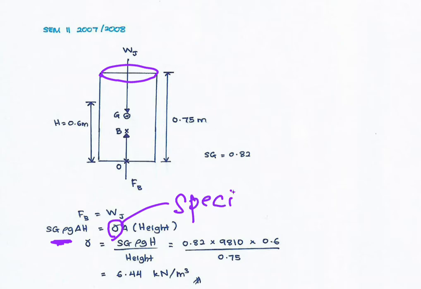Please revise your understanding of this, because we learned about specific weight and specific gravity in our first chapter. From this calculation we get 6.44 kilonewton per meter cube. This is the specific weight of the object.